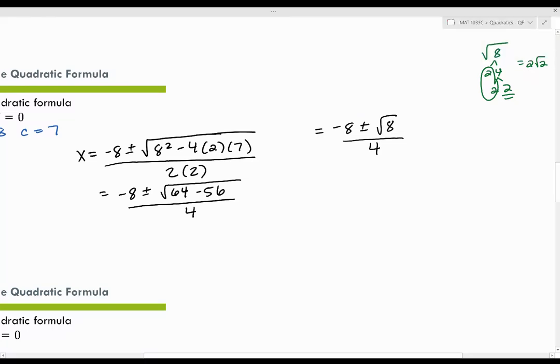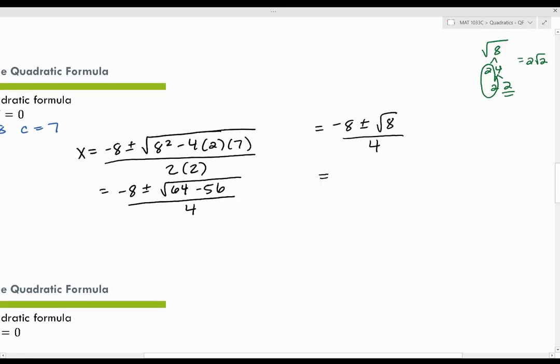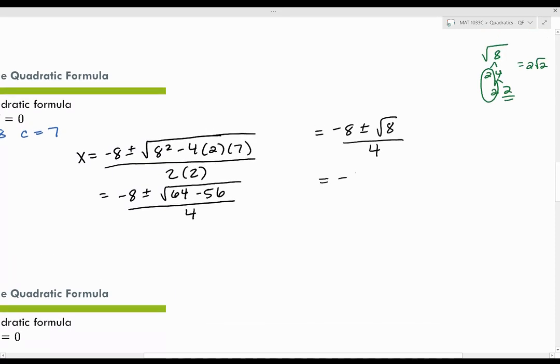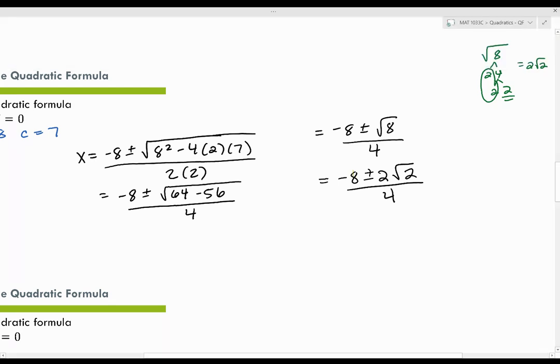So I'm going to rewrite that as negative 8 plus or minus 2 square root of 2, all over 4. Now, as I'm looking at my coefficients, which are negative 8, 2, and 4, all of those coefficients are evenly divisible by 2.